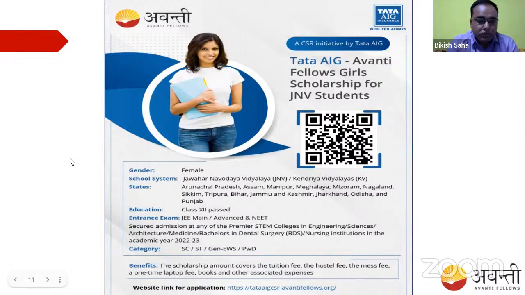In this scholarship, all the females from 13 states are eligible, and they get a good amount. Every year they get around 1,10,000 rupees support, and a brand new laptop of about 45 to 50,000, and the entire scholarship amount is sponsored by Tata AIG.